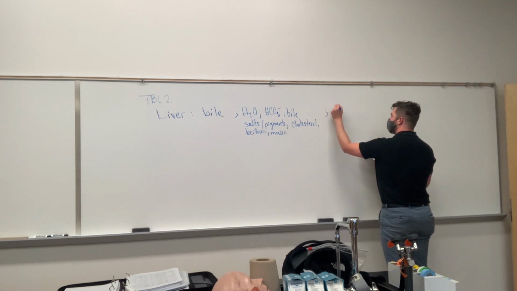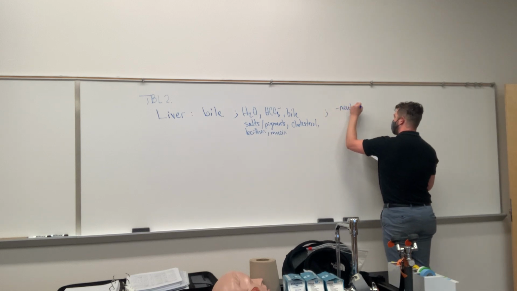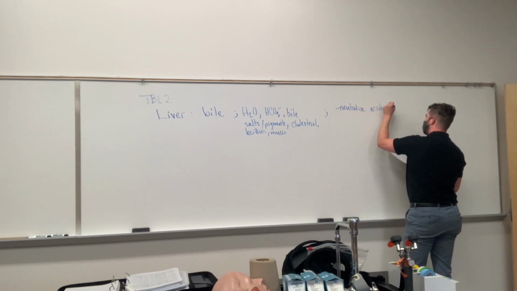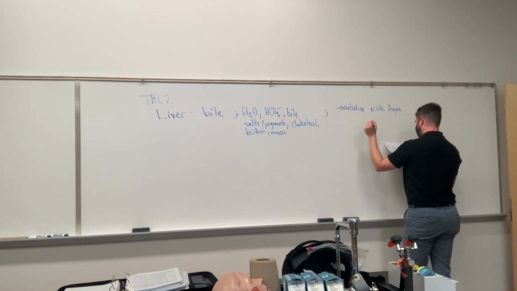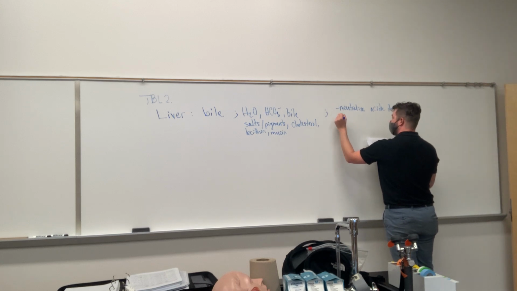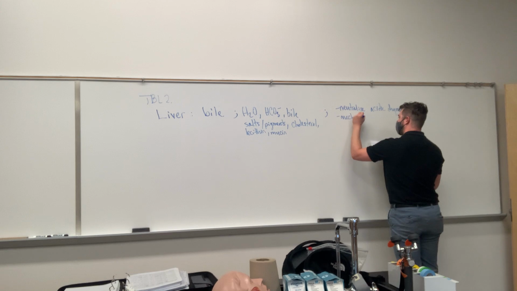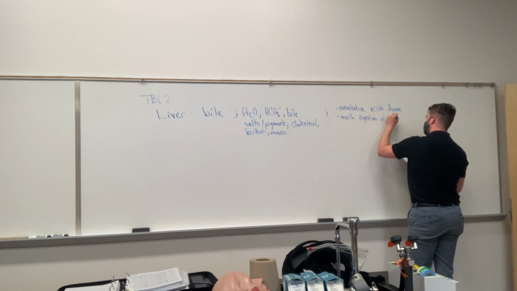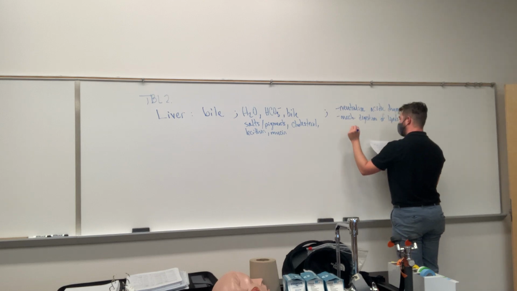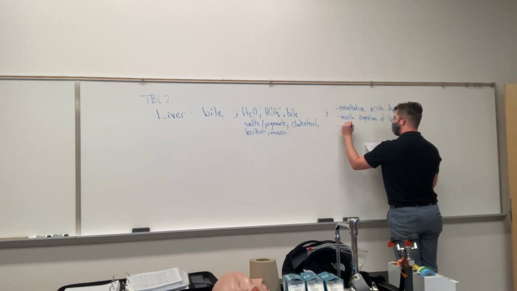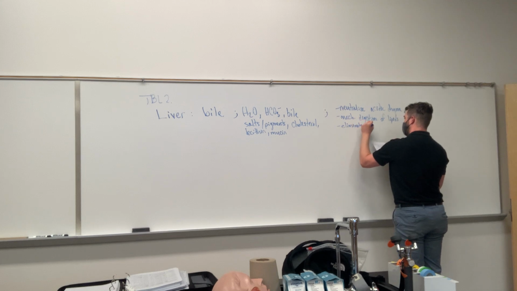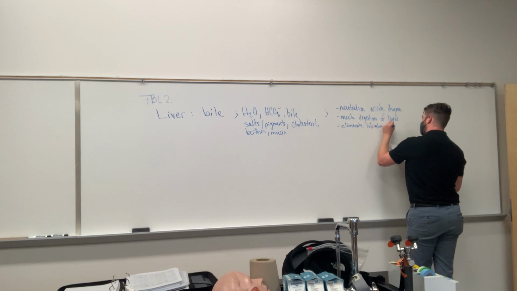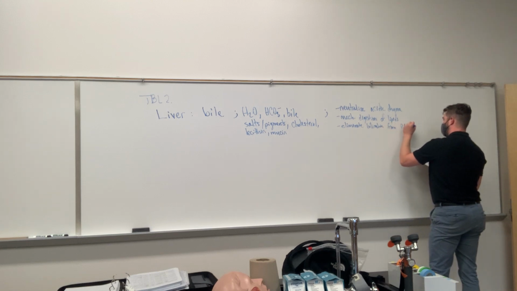Three main functions. It's going to neutralize acidic chyme. Again, chyme coming from the stomach. It's going to aid in mechanical digestion of lipids. And eliminate bilirubin from red blood cell destruction.